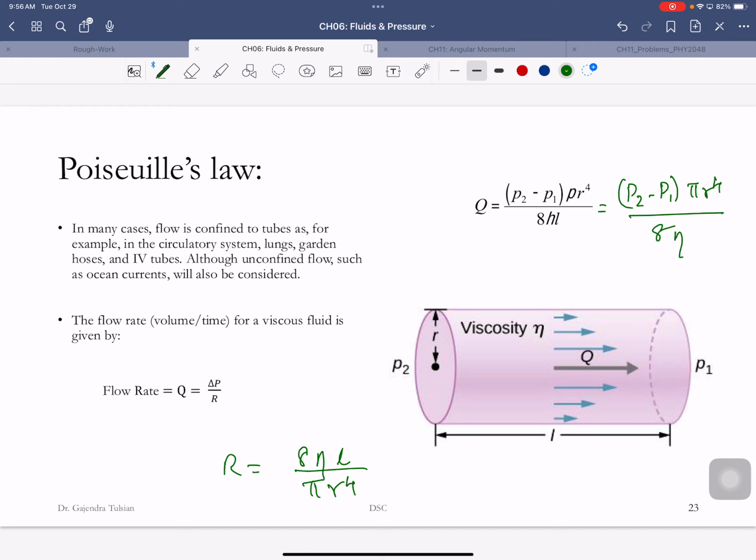Yeah. So in this formula, you can see that if you want to increase flow rate, the best thing to do is raise the radius, dilate the blood vessel. You increase the radius and you increase the flow rate. If you decrease the radius, you'll decrease the flow rate.